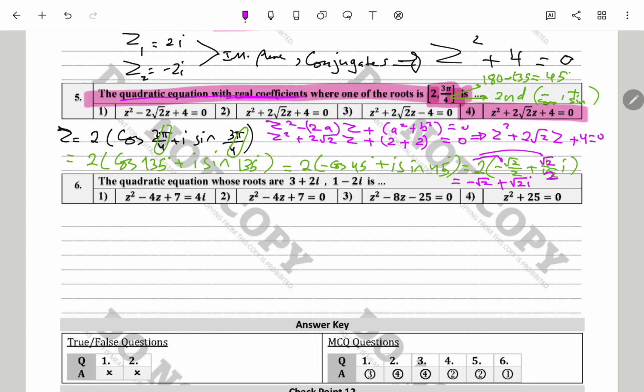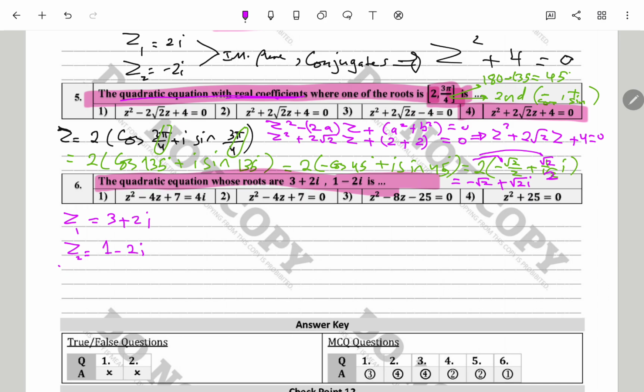Number 6, the quadratic equation whose roots are 3 plus 2i and 1 minus 2i. They are not conjugates or anything, so they are different completely, but they are complex numbers. So we are going to deal with the general rule of forming a quadratic equation. z1 is equal to 3 plus 2i and z2 equals 1 minus 2i.